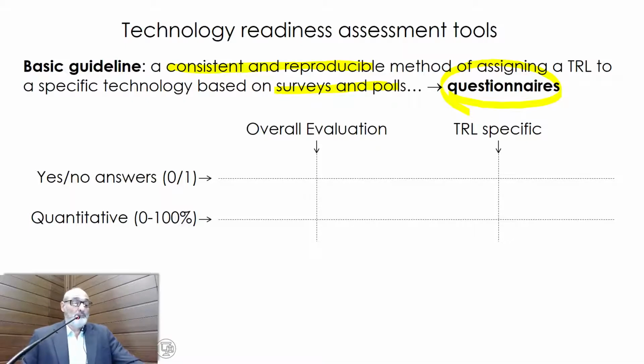You can ask bird's eye view questions over evaluation, or you can ask TRL specific ones. If you ask, you're going to have an answer. You can have binary answers, yes or no, or you can have, I think this is 80% true. This happens.